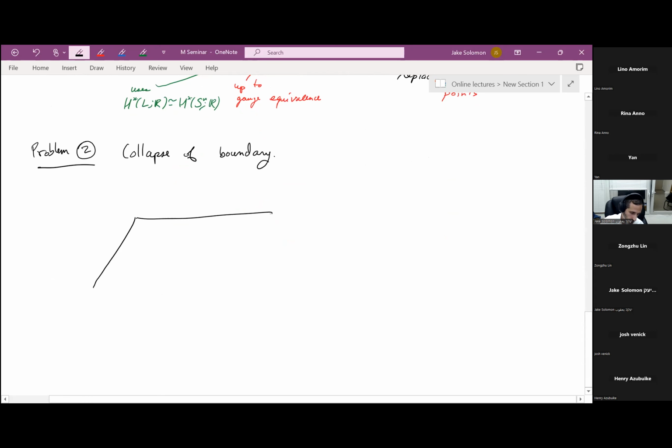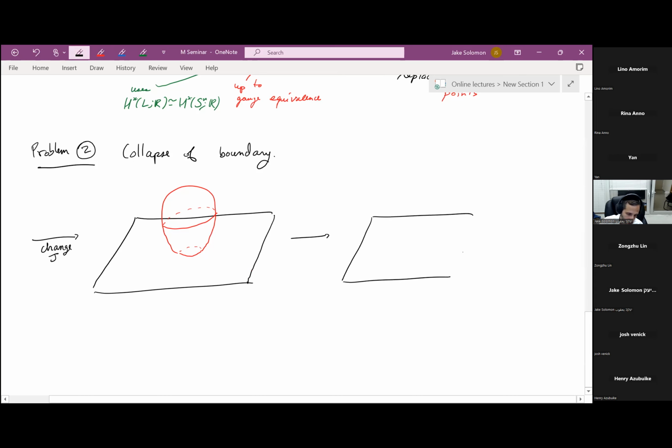You're counting these disks, and as you change J, the boundary of the disk might get smaller and smaller, and eventually contracts to a point. After that point, there's just nothing left in your count.